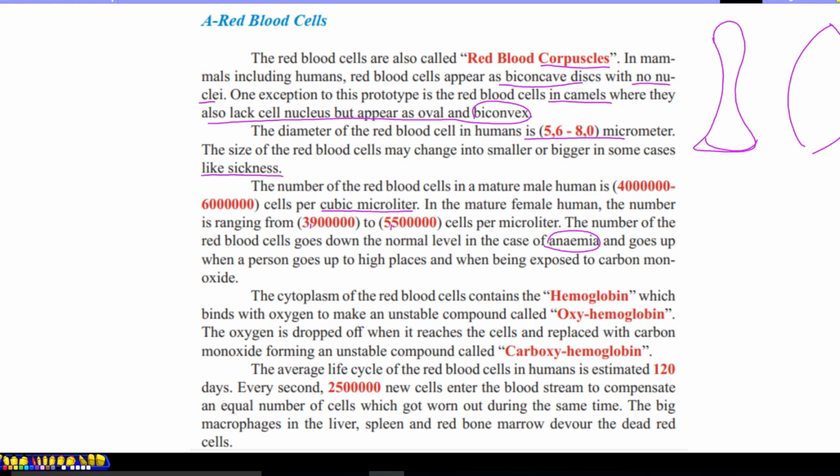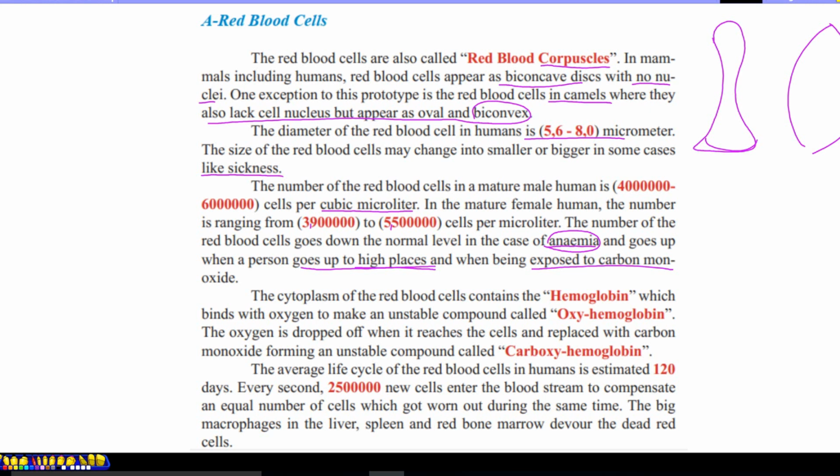The number goes up when a person goes to high places, because there is less oxygen, or when exposed to carbon monoxide, which combines with red blood cells and does not separate from them easily, so the blood needs to produce new red blood cells. Going to high places and exposure to carbon monoxide cause the number to increase, and in anemia the number of red blood cells decreases.